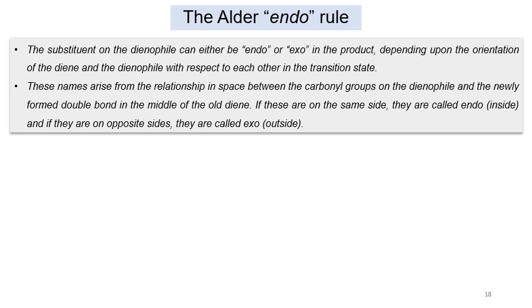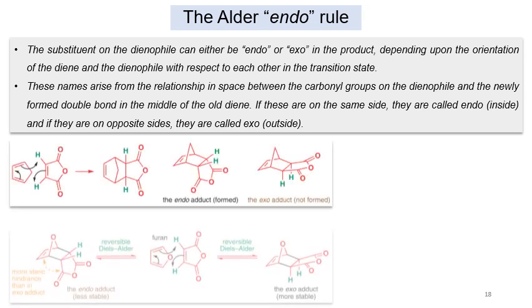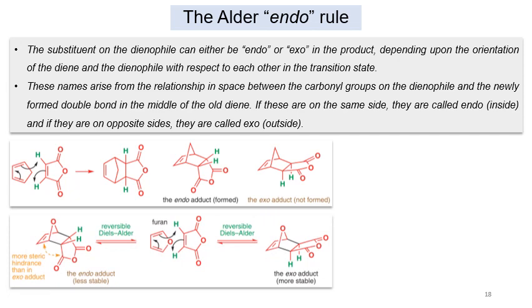There is something very important called the Endo rule. This was formulated by Alder. For example, let us see a couple of transformations. You can see here that you can form two products depending on the orientation of the diene and dienophile with respect to each other in the transition state.